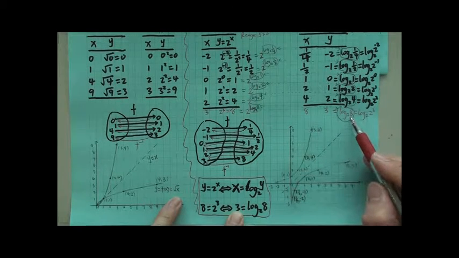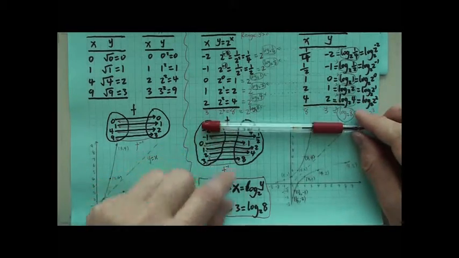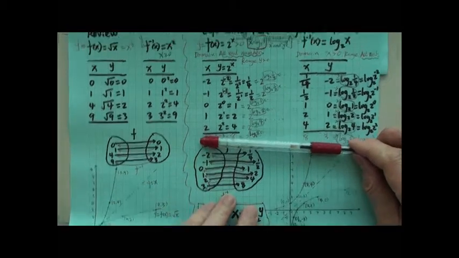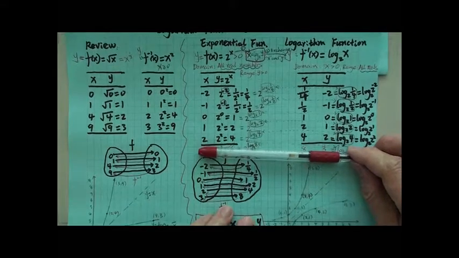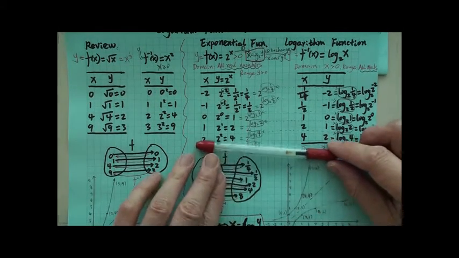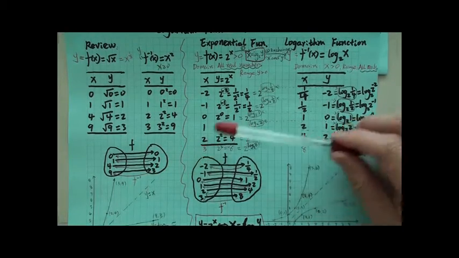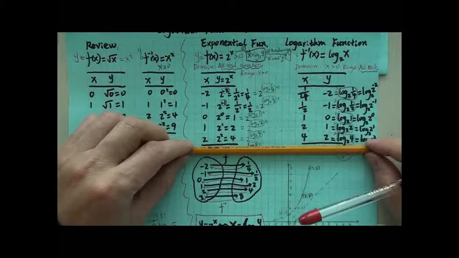And then here we do log base 2 of 8 is 3. The same thing right here. Now similarly we can do the same thing for the rest of them. You see right here, that's 2 squared is 4.